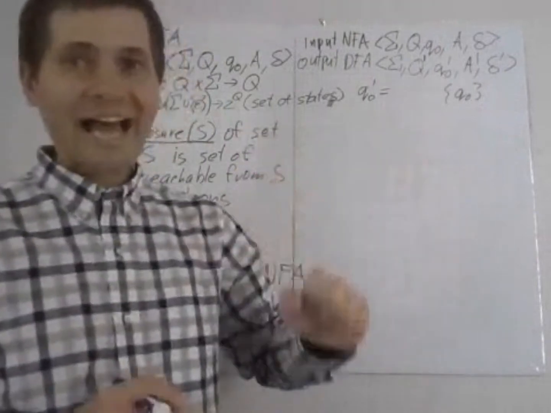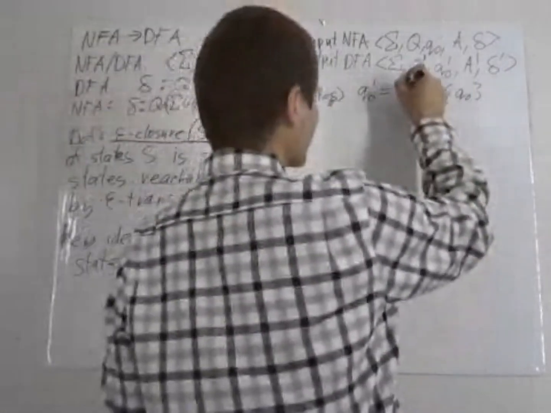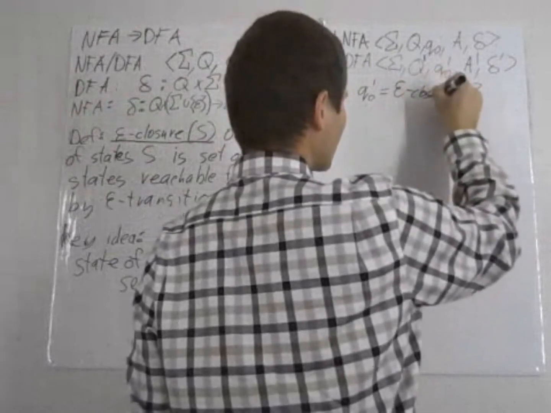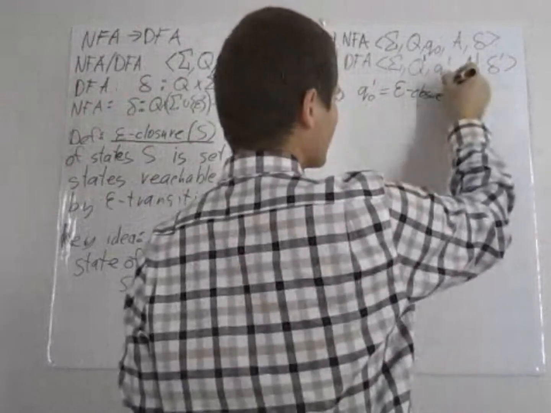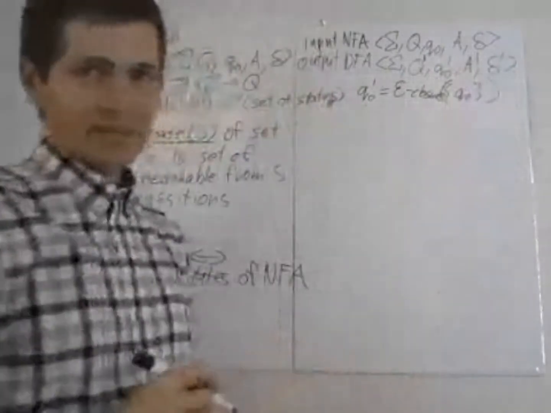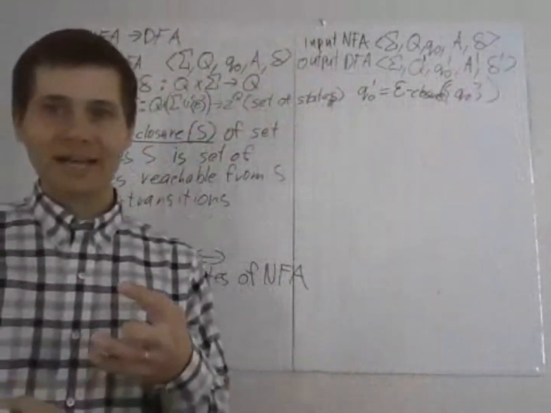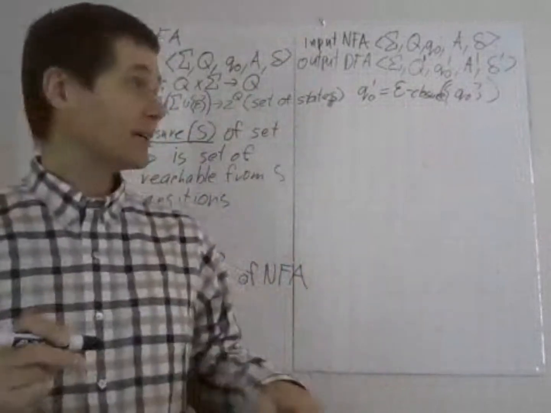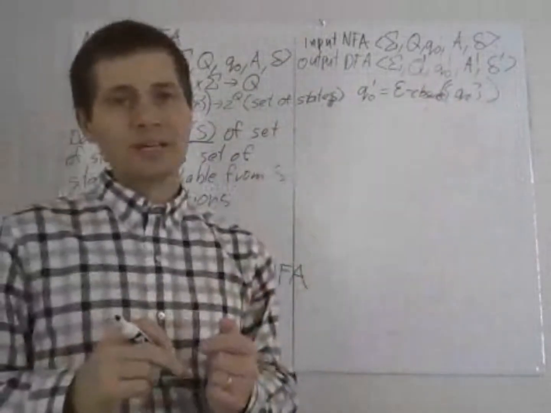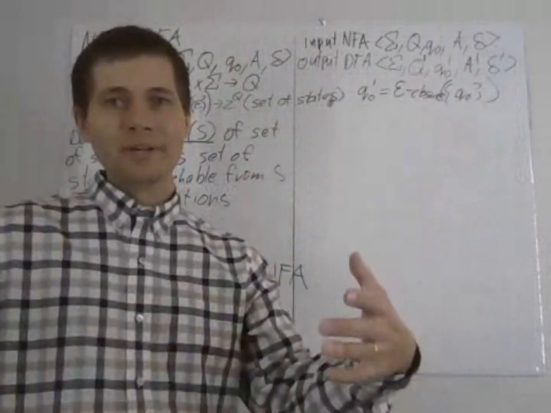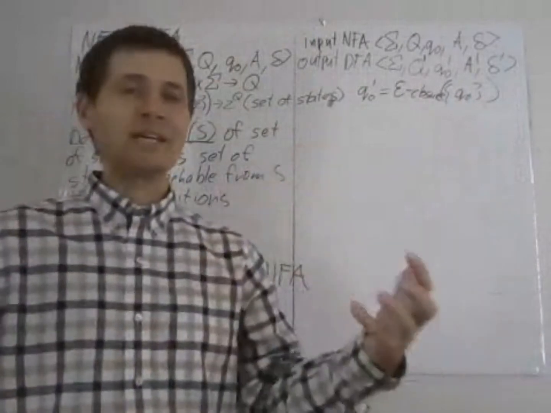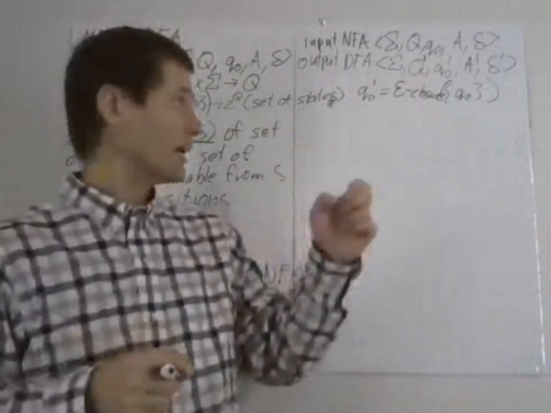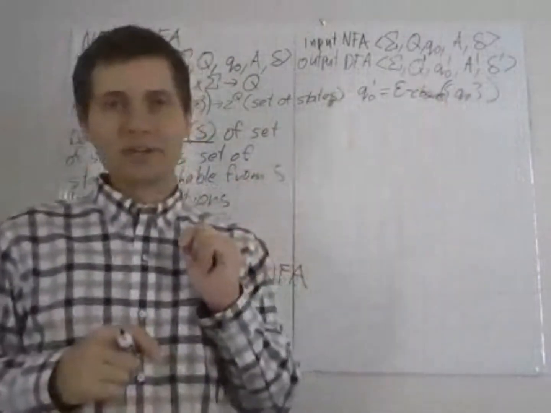What I need to add is the epsilon closure. So I should say the epsilon closure of this set, right? And so that expresses that the NFA, at the very beginning, yes, it's in the start state, but after not seeing any symbols yet, could transition to one of the other states in the epsilon closure of the start state.